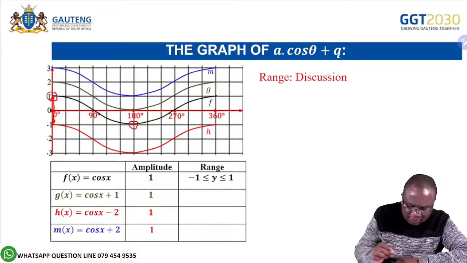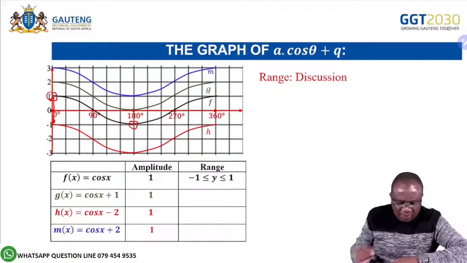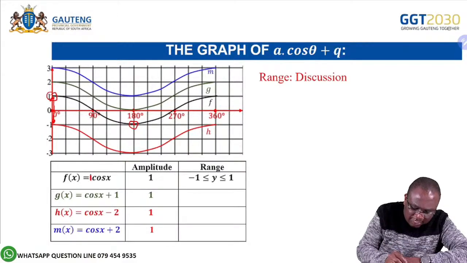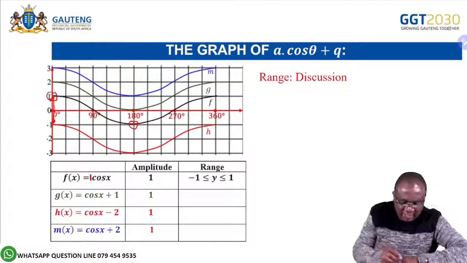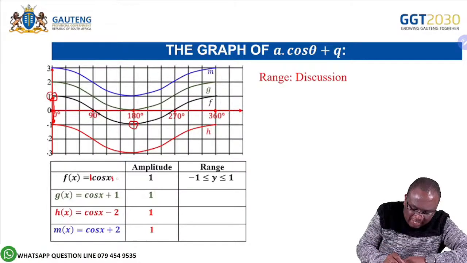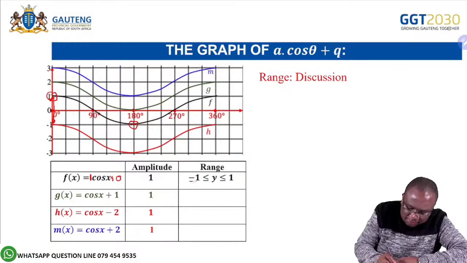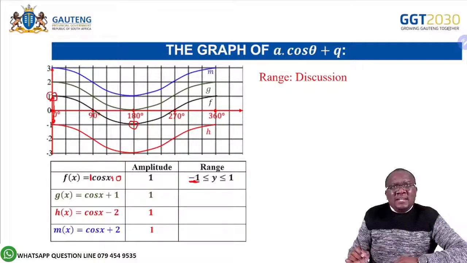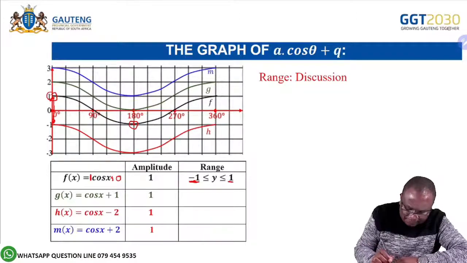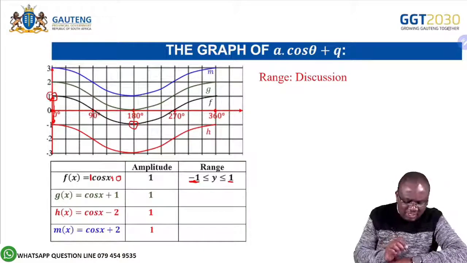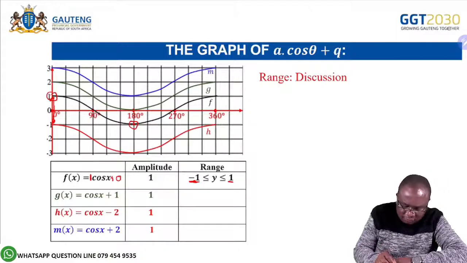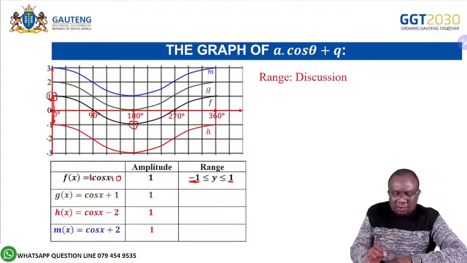And remember how we got our negative 1. The minimum value, we said it is minus a plus q, which will give us negative 1. And then a plus q will give us our maximum value, which is 1. So negative 1 plus 0 is negative 1, and 1 plus 0 is 1.